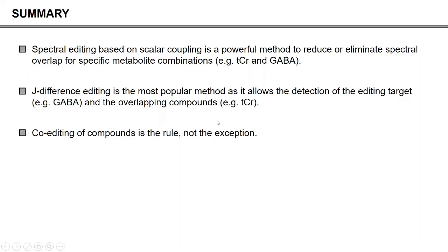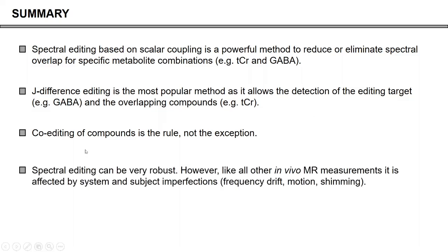For other editing targets, you have to establish what other molecules can potentially be edited out as well at the same time. And finally, spectral editing can be very robust. However, in vivo MR measurement and especially spectroscopy measurements are very sensitive to a wide range of imperfections like frequency drift, motion, shimming, and so you always have to be aware of these kinds of imperfections.